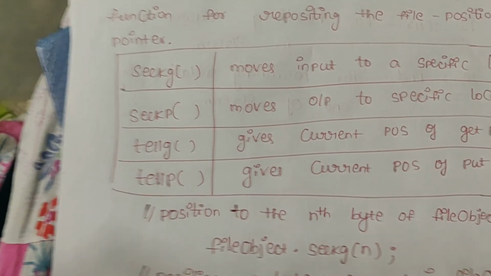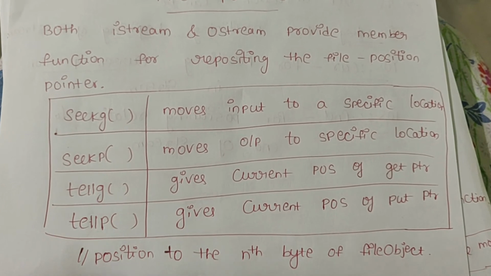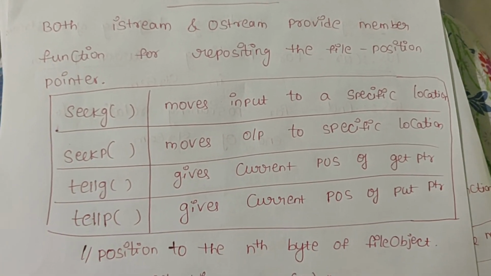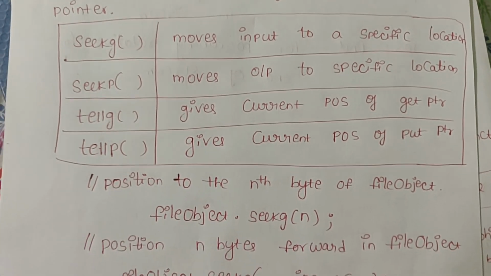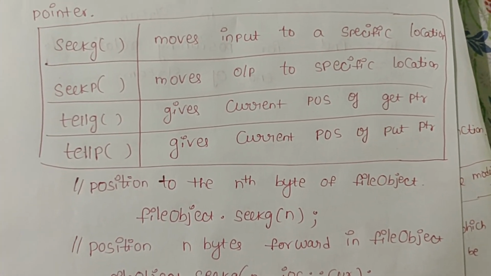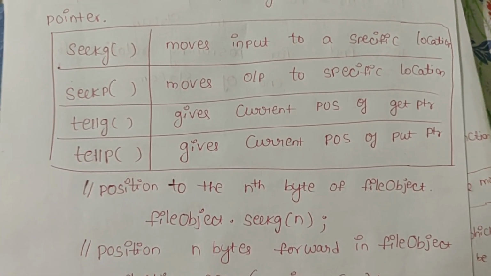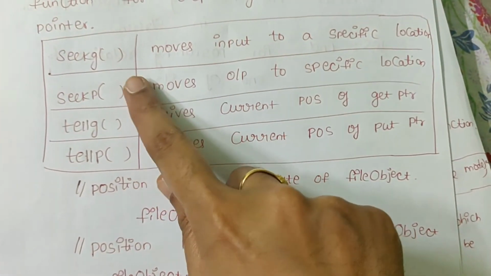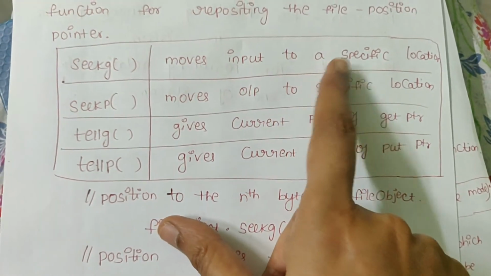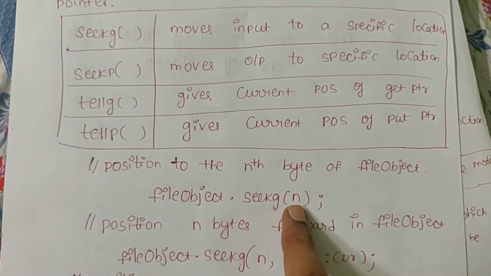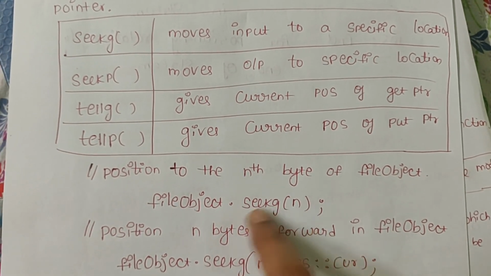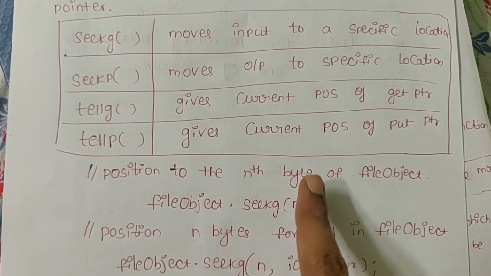Don't get confused with the files. It is a new concept to us. So with files, take memory in your mind and consider it this way: files are nothing but simply memory. What is the use of seek? It moves input to a specific location. So the position of the nth byte of the file object: it moves to the nth byte of the file object.